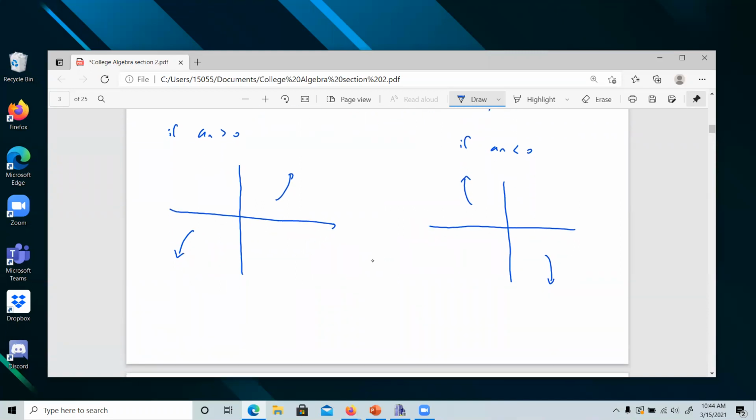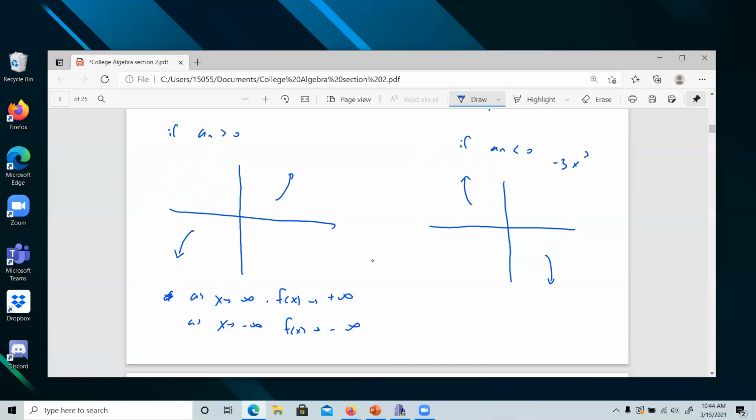So what we're going to say here is as x approaches infinity, f of x approaches positive infinity. As x approaches negative infinity, f of x approaches negative infinity. See what happens with this one, where you get a negative 3x to the 3rd.